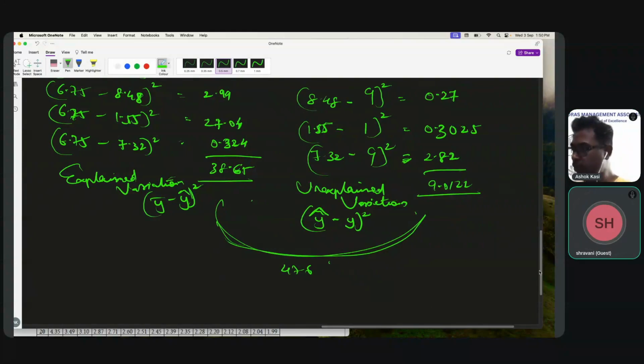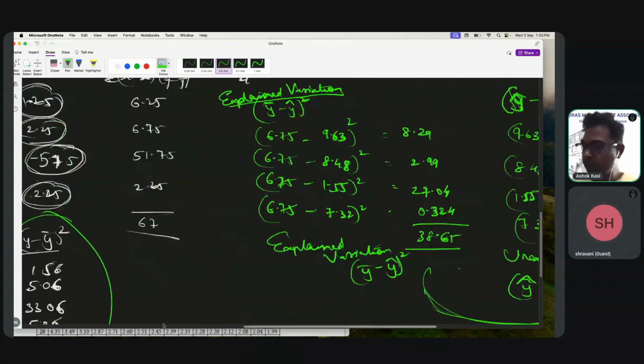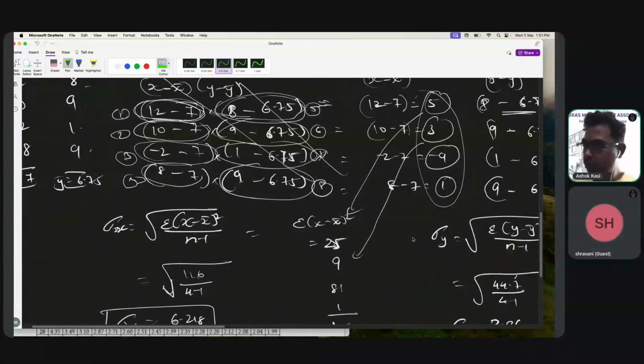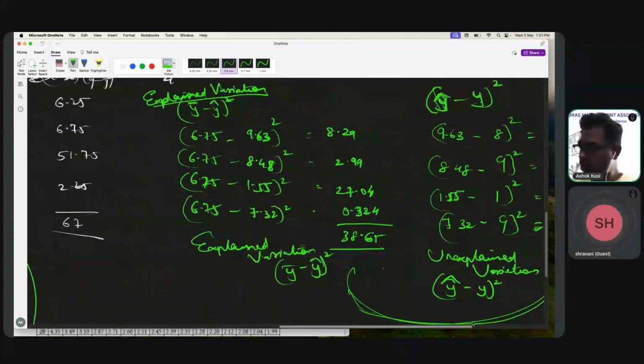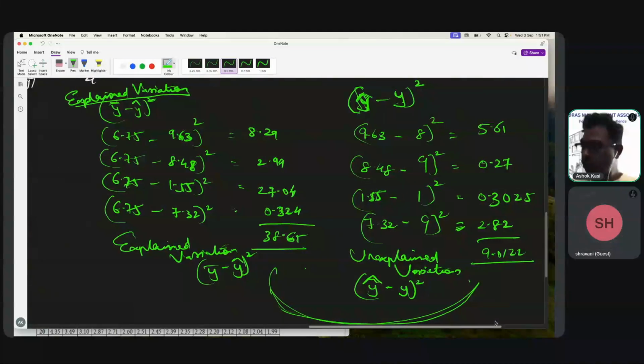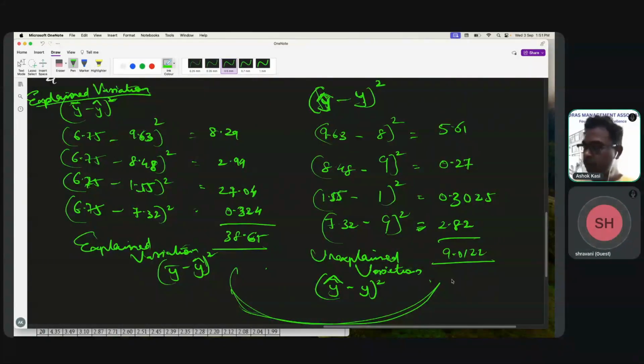Slight difference somewhere. Some small mistake somewhere happened. Y bar is 6.75 only, right? Yes. Okay. Just quickly calculate again this one. Just one by one, you just quickly recheck.